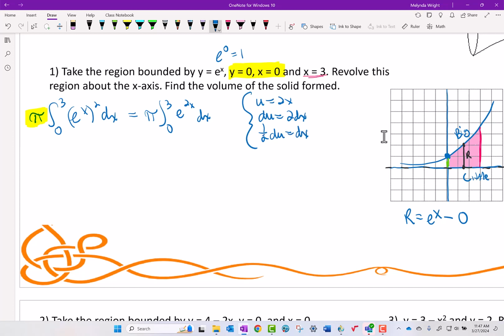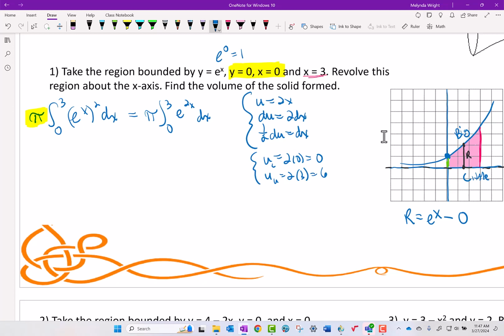I'm going to change my bounds. So let's make a bound changing part. So u would be 2 times 0, or 0. That's the lower bound. And u of the upper bound would be 2 times 3, or 6. Okay, so I'm going to rewrite my integral with the u stuff, and I'm not going back to the regular.